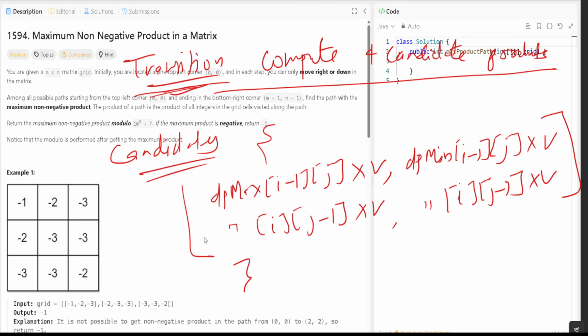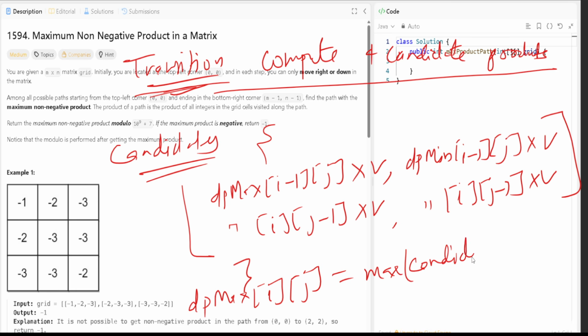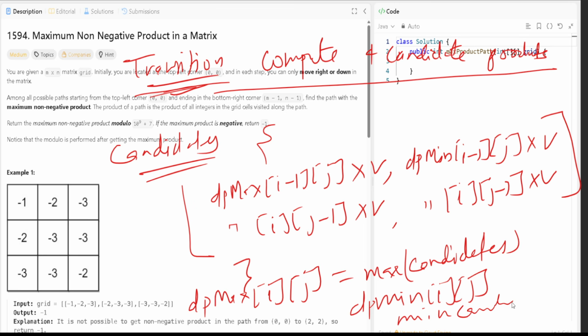It means if we want to find the dp max at i and j, we'll take the max of the candidates, the max candidate and the min candidate. The min candidate is what we call dp min. For dp min at i and j, we have some value, which is nothing but the min candidate.